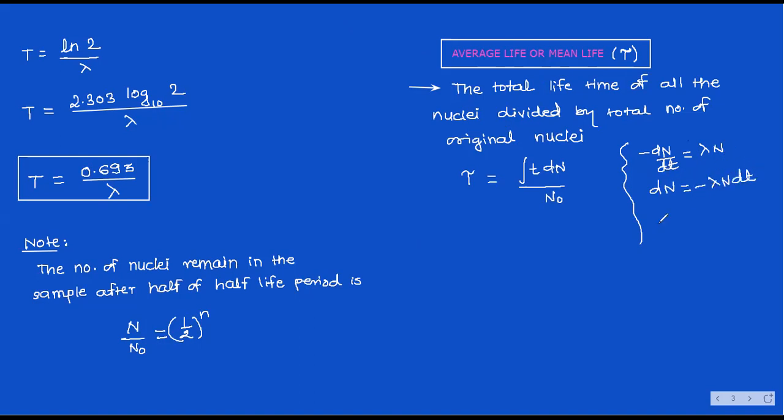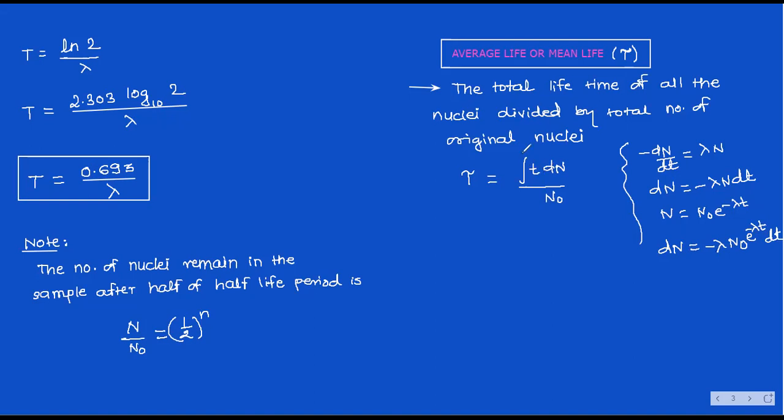I have transferred this term this side, and now again I know n is equal to what? N0 e power minus lambda t. Let's substitute here. So dn value what I am getting, minus lambda into n naught e power minus lambda t into dt.